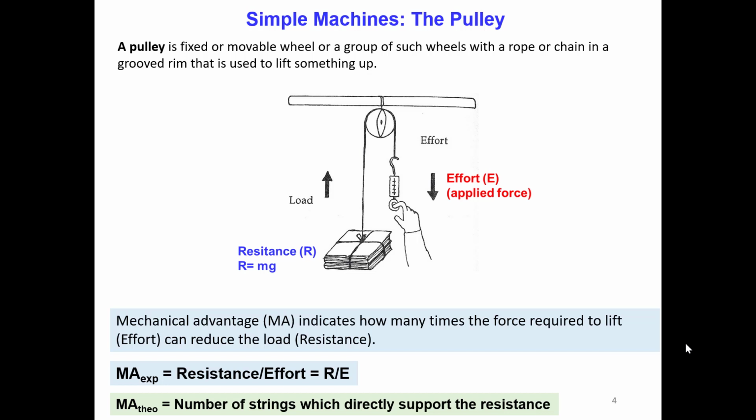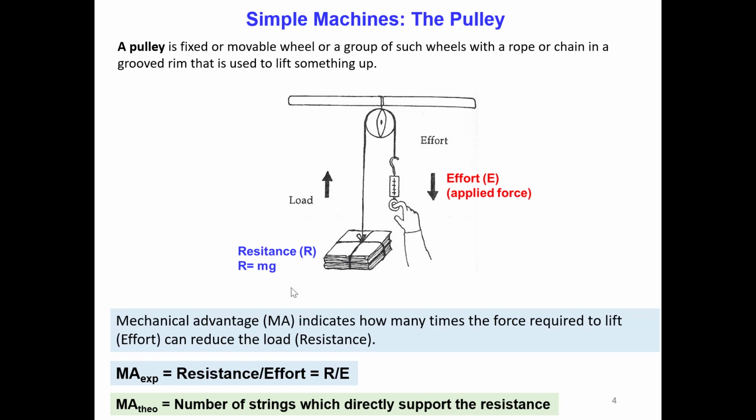A pulley can be fixed or movable, and the pulley is a wheel or a group of wheels with a rope, or it can also be a chain, in a group ring that is used to lift something up.